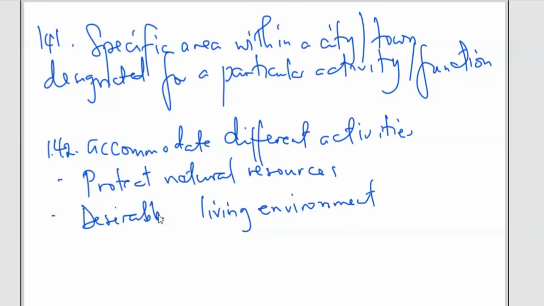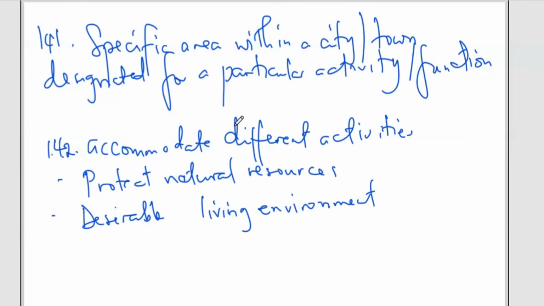It's not compatible for environmental reasons. People who can afford cannot stay in areas where it's noisy, where there's congestion, and where there is a lot of disorder. For that reason, we want to maintain a desirable living environment. That is why we tend to segregate zones of land use in the urban area.